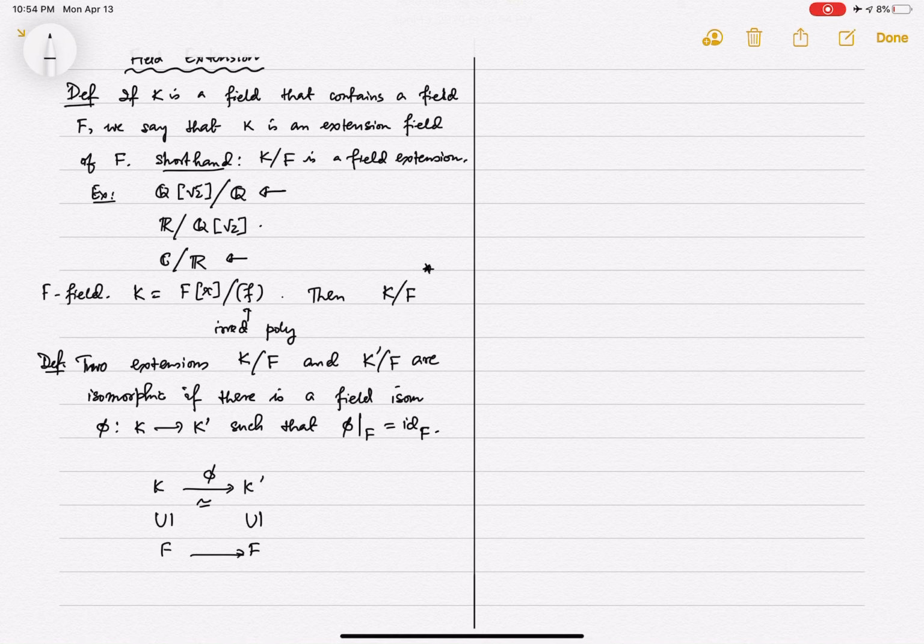When you restrict to F, you just get the identity. That's when we say two extensions are isomorphic.